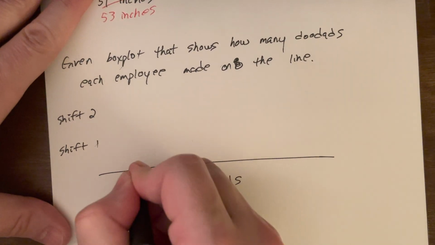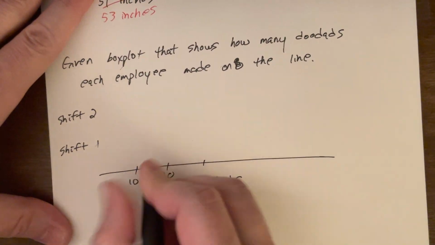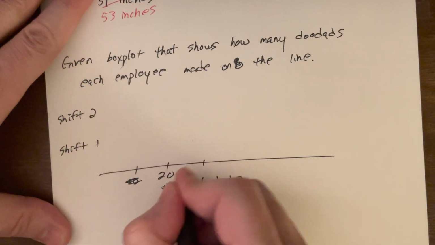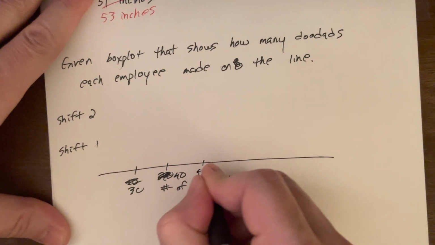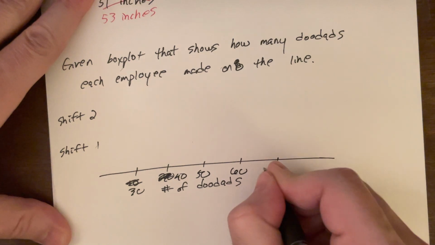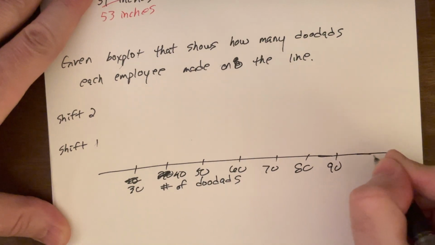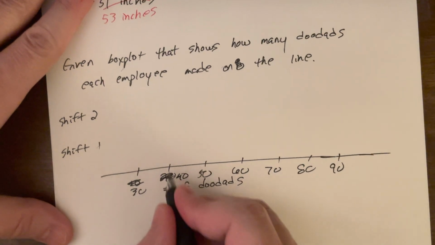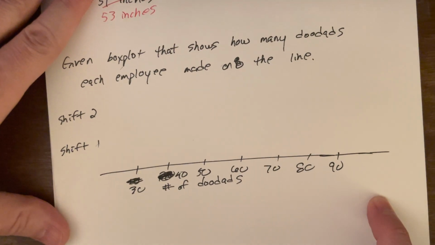So number of doodads. Let's go 10. Actually, let's jump a little further. Let's make more doodads. 30, 40, 50, 60. There are a number of doodads.